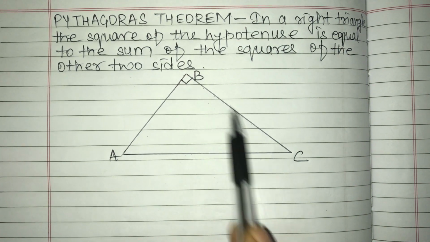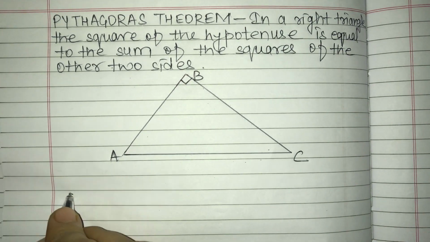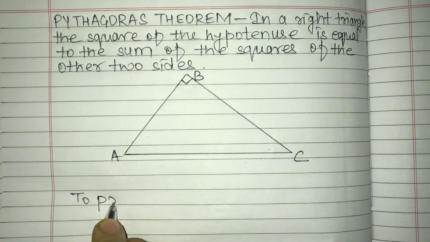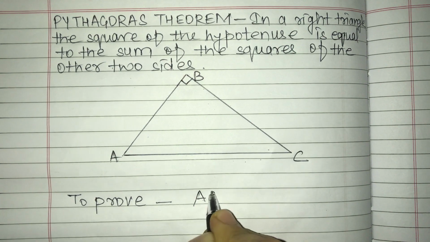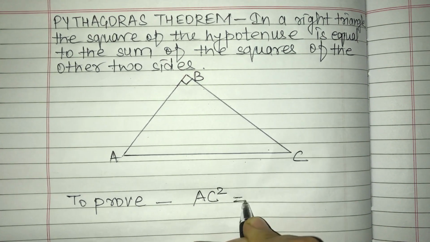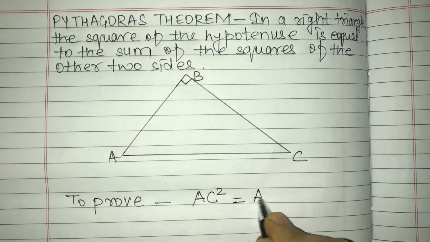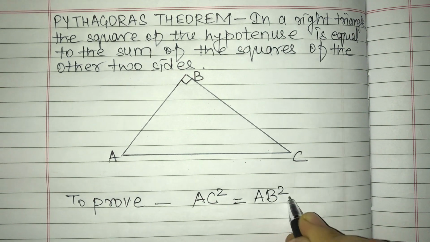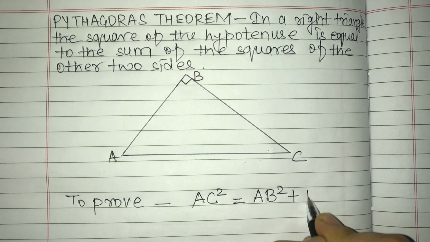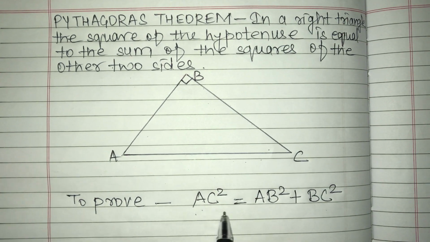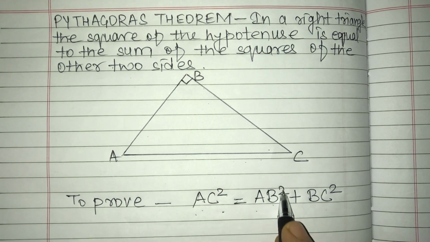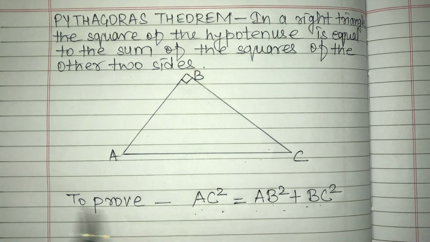The other two sides are AB and BC. So Pythagoras theorem says that AC square equals AB square plus BC square.